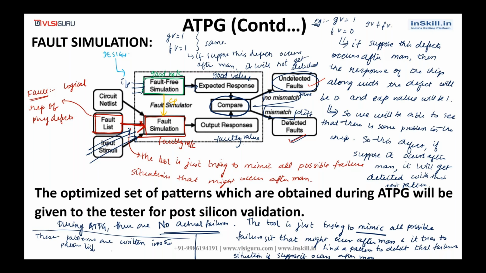So coverage analysis means we have to see why the tool was not able to find a pattern to detect those faults if they occur after manufacturing. We need to analyze that. Then coverage improvement means we have to do something, like test point insertion, so that those faults also get detected if they occur after manufacturing.